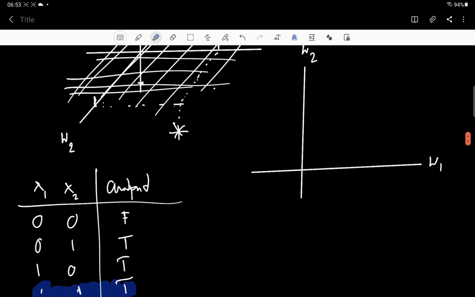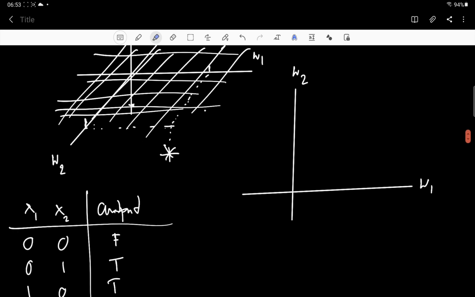So, guys, if you have x to be 1 and 1, now we force it. Our equation is W0 plus W1 x1 plus W2 x2 equals 0, right?